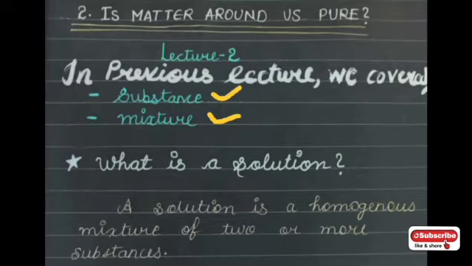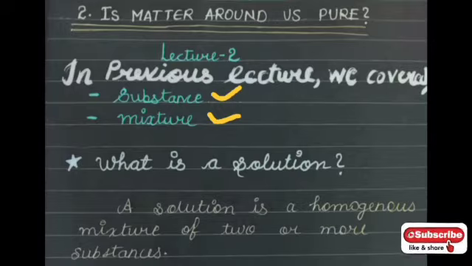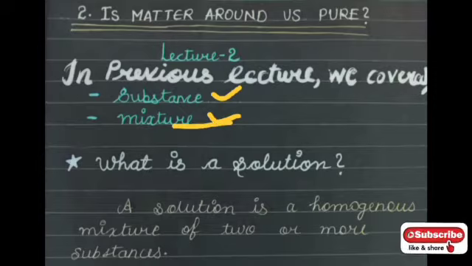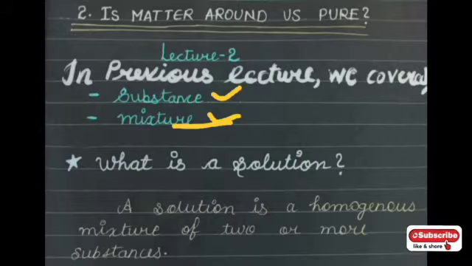A pure substance cannot be further decomposed or divided into any other components, and a mixture is formed with more than two substances. What a mixture is and how to define it, all we have done in the last lecture. If you have not done it, then please watch the previous lecture so that you will get a proper understanding, and the link is given in the description box.